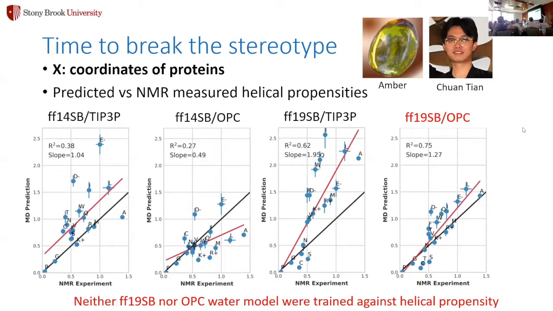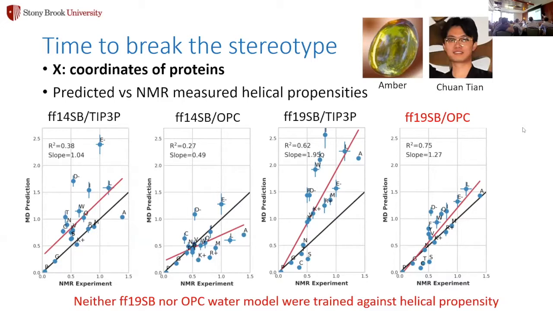And this one is the one we just developed and published a few months ago, 19SB plus OPC. You can see we had a good correlation in the previous version, but we got a much, much better correlation here. Note that 14SB is not trained against these data and never sees experimental data before.